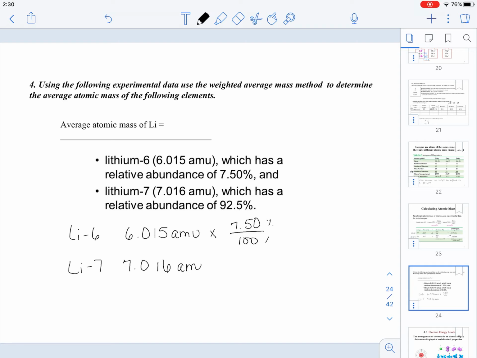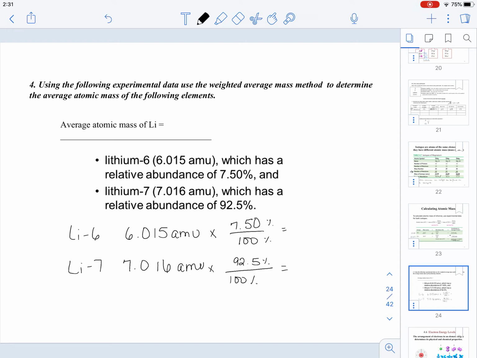You can put the percent signs if you choose to. We're going to take 92.5% divided by 100%. So we're going to do each one of these calculations.